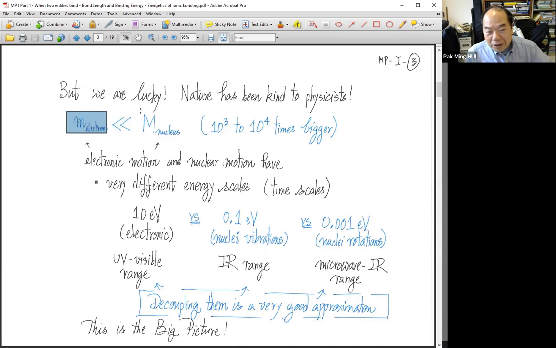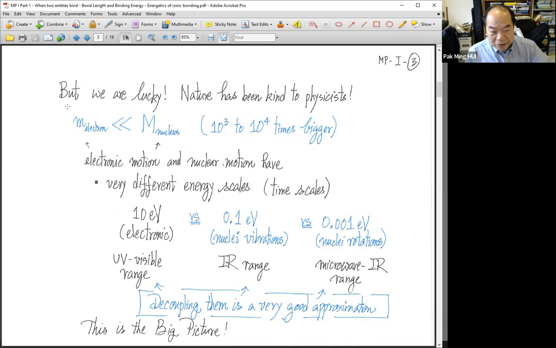A proton is 2,000 times heavier than an electron, but we are talking about oxygen or even heavier atoms. So it could be 10,000 times heavier than the electron.